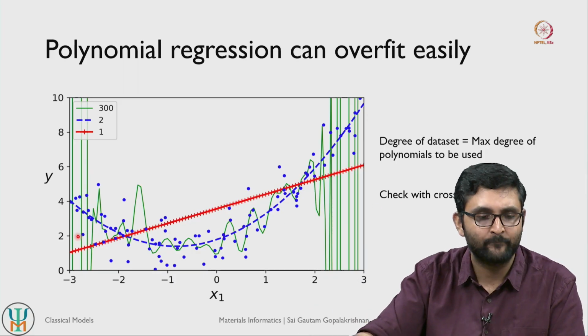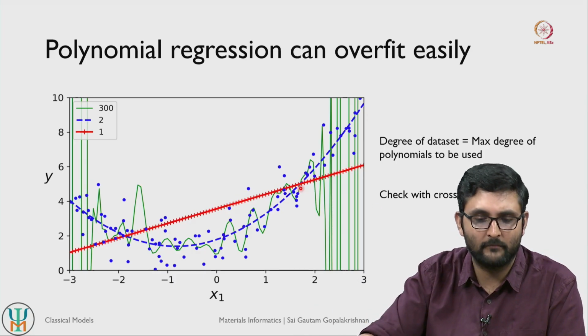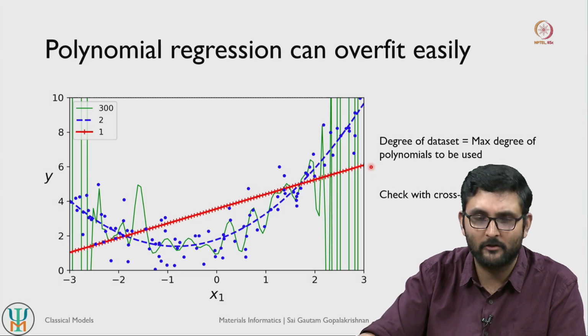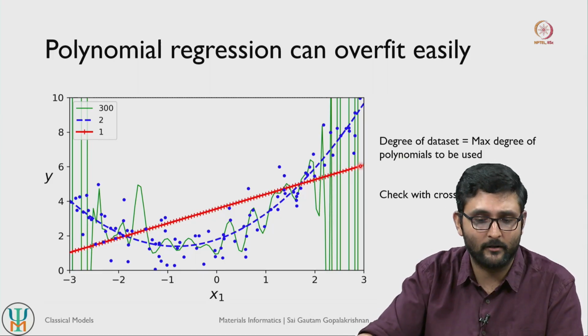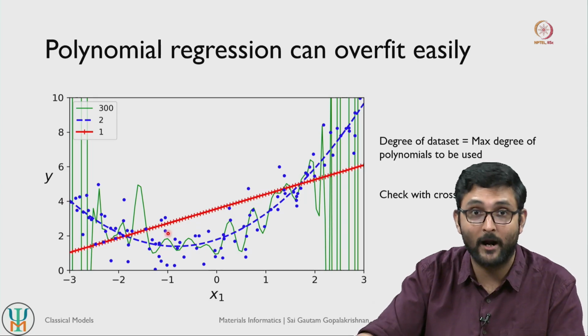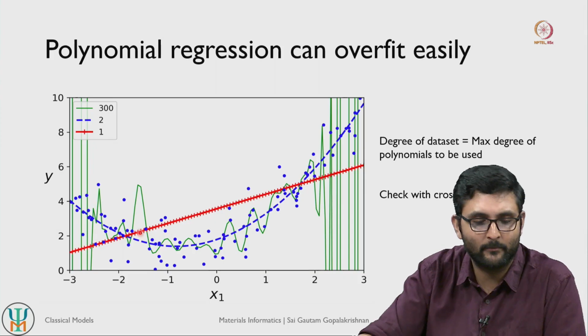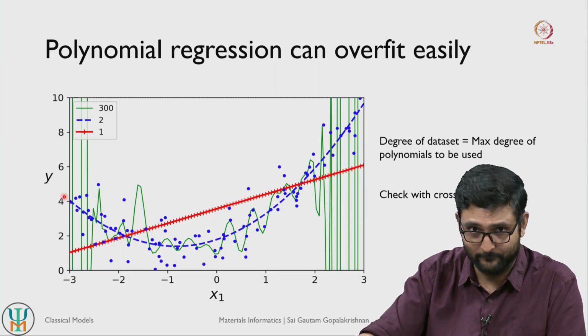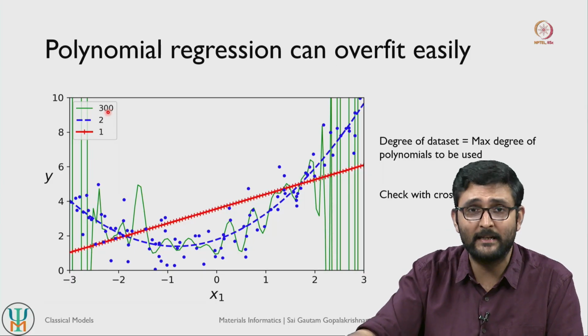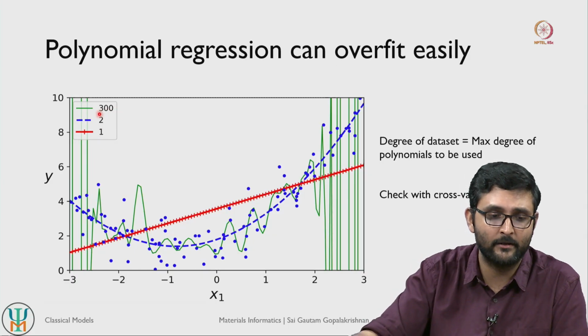If you now fit a simple linear regression model, that's the red line here, you see that it's not good. It's not capturing the data at all, and if you use, let's say, x1 squared as your feature, so you do quadratic regression, which is a subset of polynomial regression, you see that it actually fits quite well.